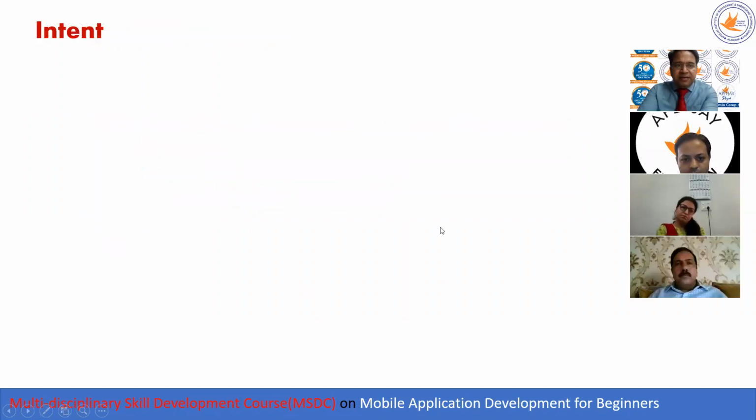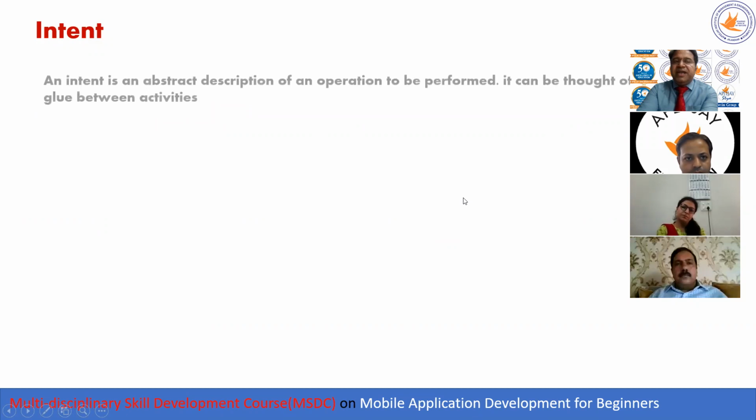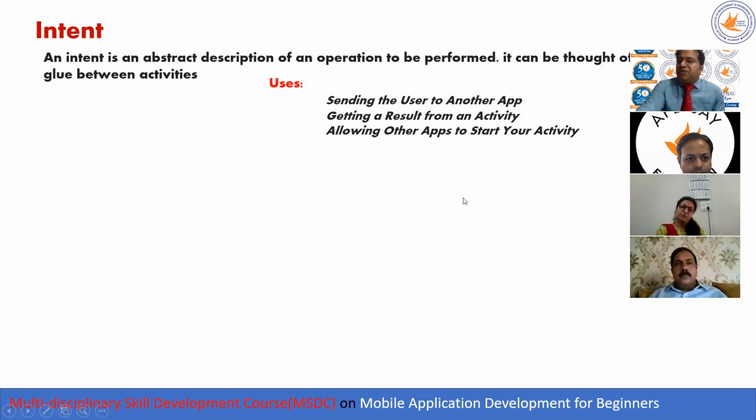And then we have the concept of intent. This concept of intent is very important in Android development. For example, sometimes you browse something in Google, and on clicking or searching, the options appear on the same page.